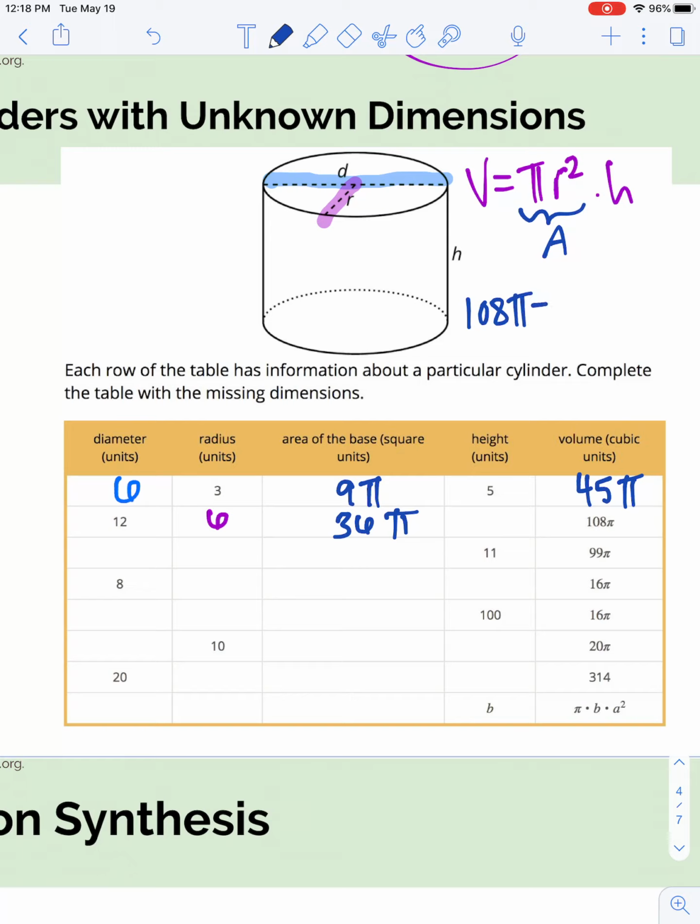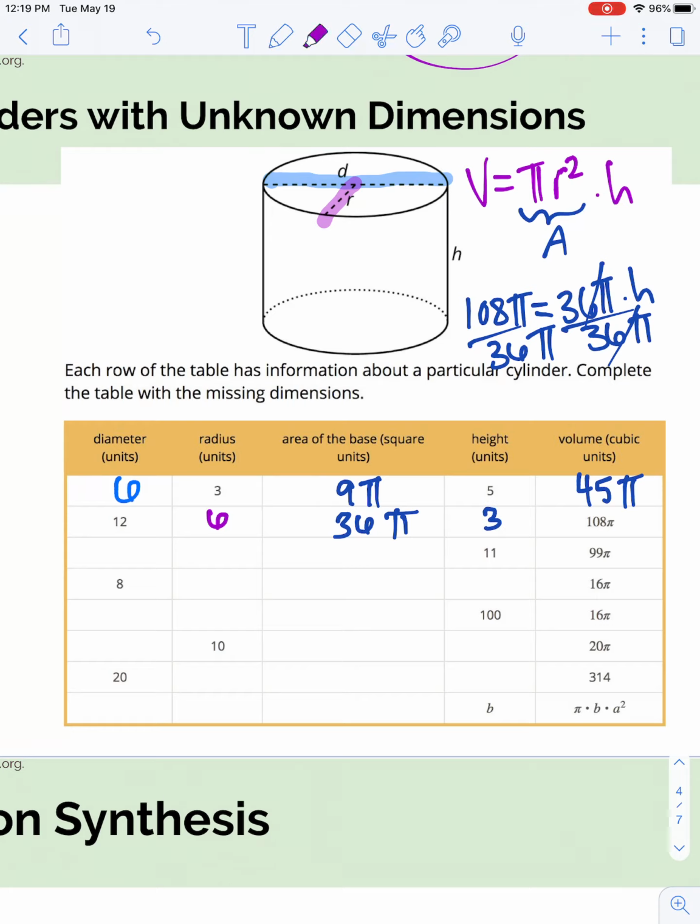That's what it says. Equals, and then my area was 36 pi times height. So same thing, divide by 36 pi, cancels out. Divide by 36 pi. And then you get 108 divided by 36. 108 divided by 36 is 3. So then your missing height is 3.